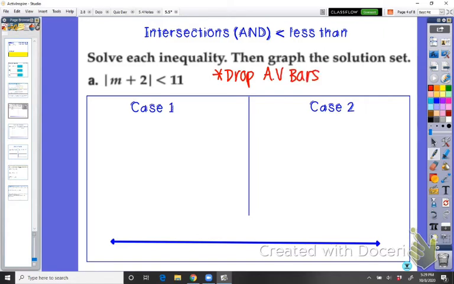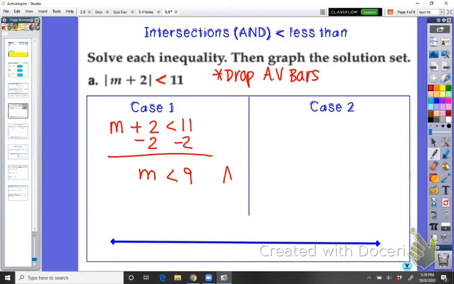So on this case 1, all we do is drop the bars and we solve it. And it's a nice, easy one step. I subtract 2 from both sides, and you get m is smaller than 9. And this is a less than sign, so this is going to have the word and in between.